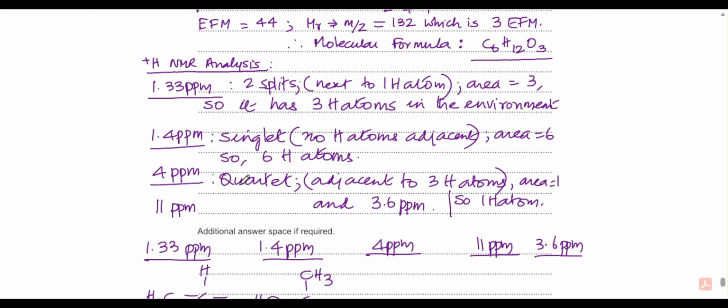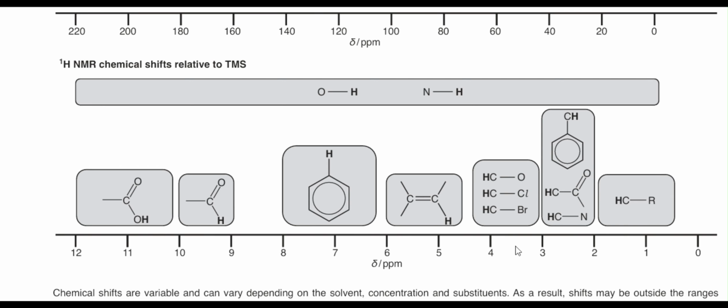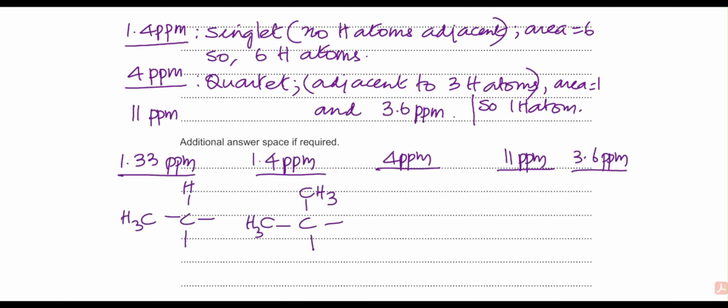The 4 ppm chemical shift represents 1 hydrogen atom and adjacent to 3 hydrogen atoms. So for a chemical shift of 4 ppm, these are the groups possible. But knowing the molecular formula, we know that there is no bromine or chlorine atom in the compound. Therefore, it should be represented by CHO here. So it has 1 hydrogen atom next to 3 hydrogen atoms, and it has got 1 oxygen atom as well.